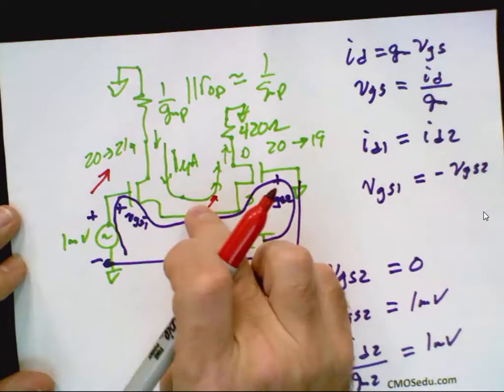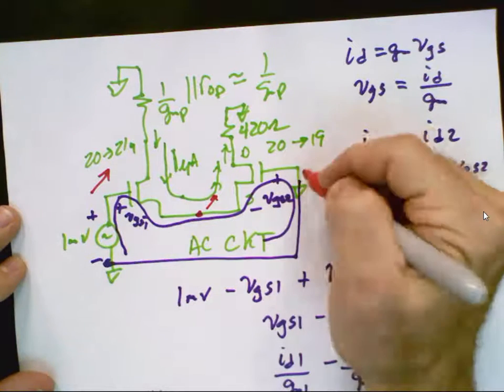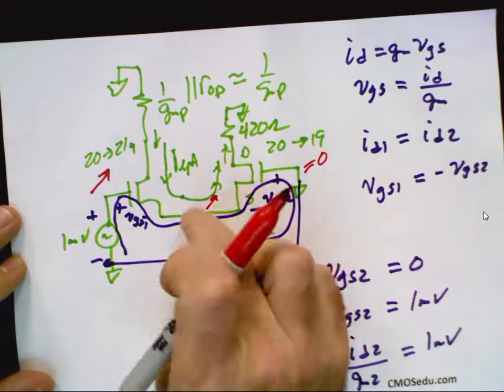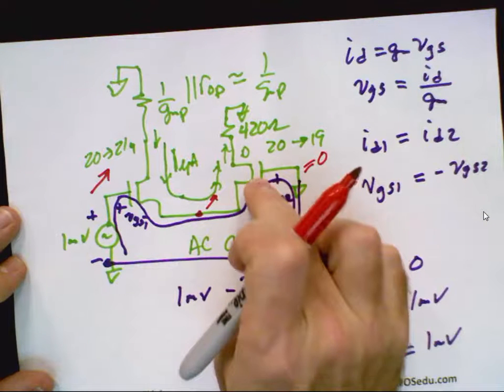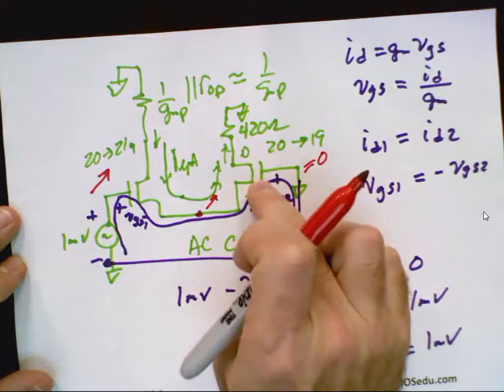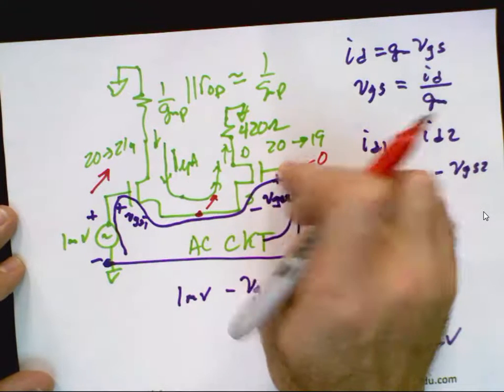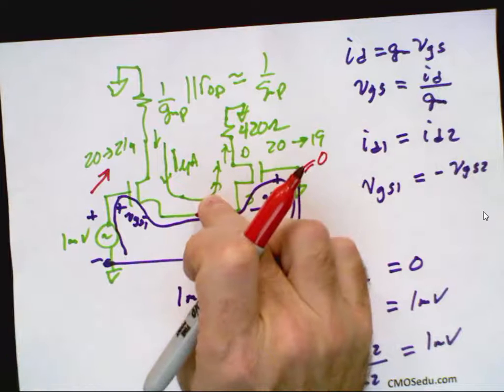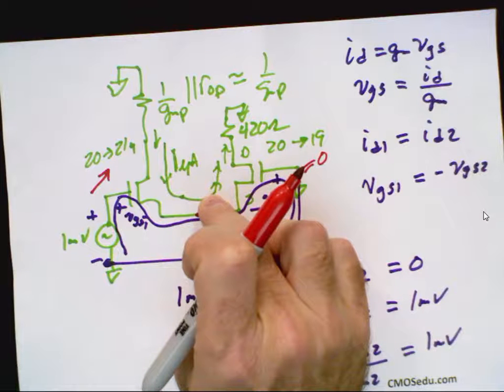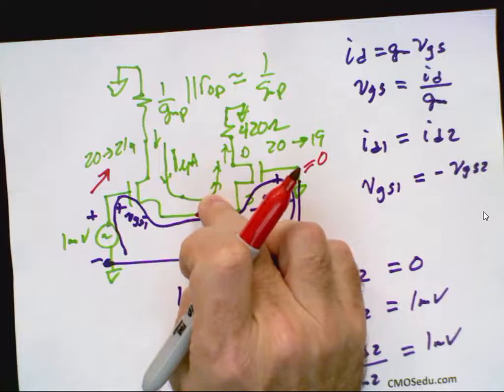If it pulls this up, this node's not moving anywhere because it's 0, right? So if this node gets pulled up, what happens to this transistor? It starts to shut off because its gate's staying at 0, but its source is moving up, meaning VGS is getting smaller. Does everybody understand that?